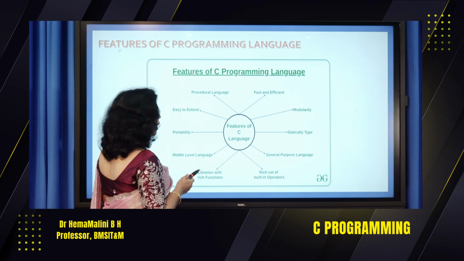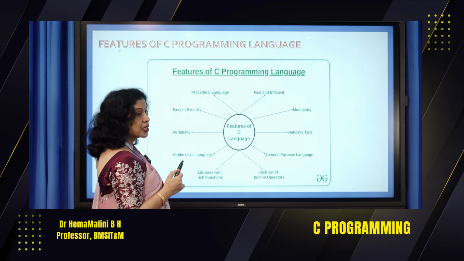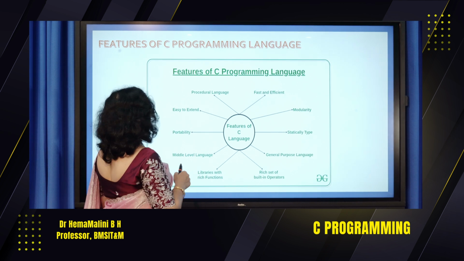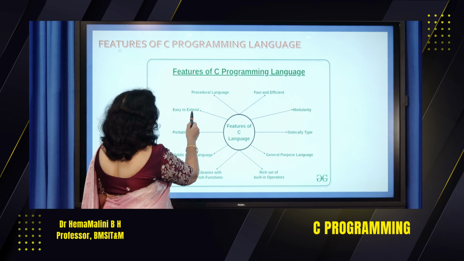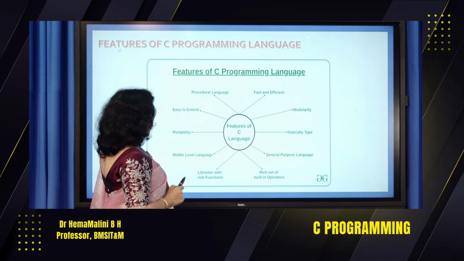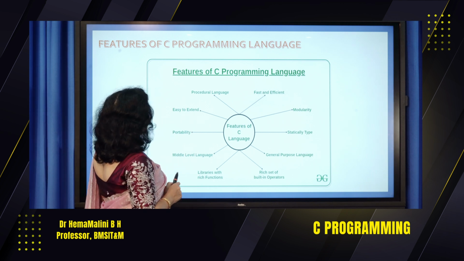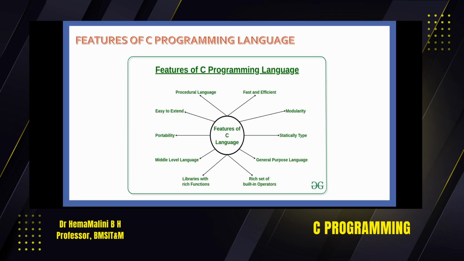So, it is also a high level language, it is a mid level language as well, because it communicates with assembly level, and it allows portability, easy to extend, it is a procedural language. So, these are the features of C programming language.